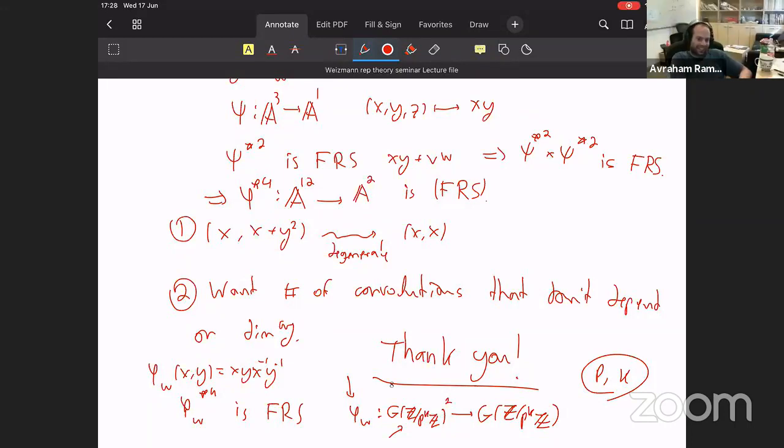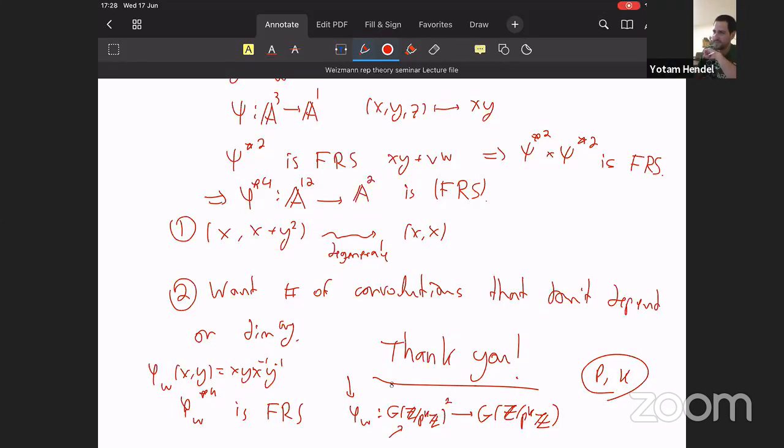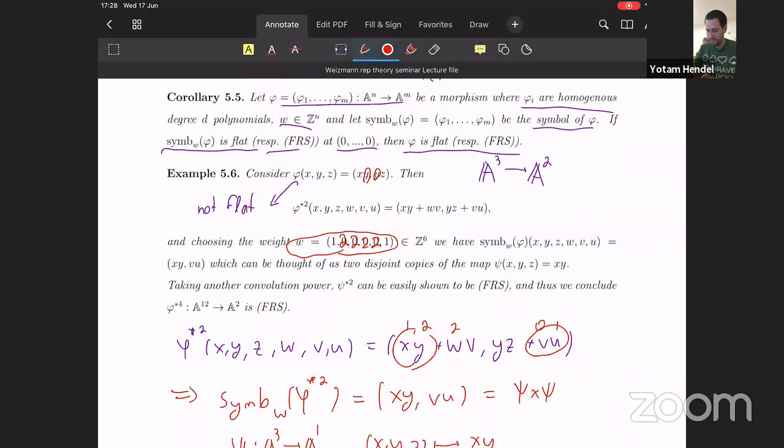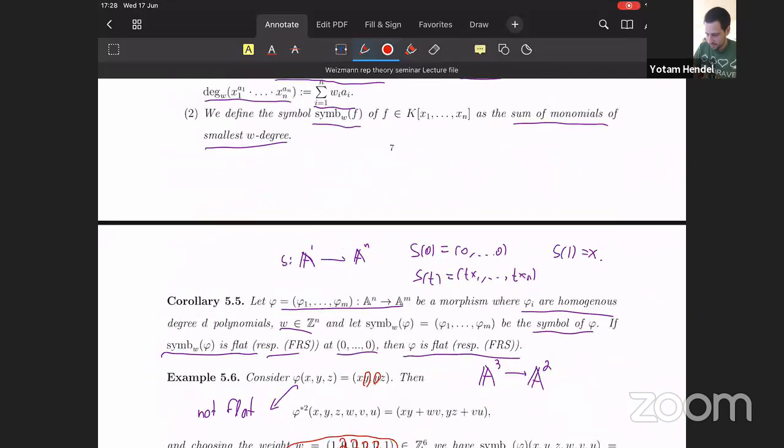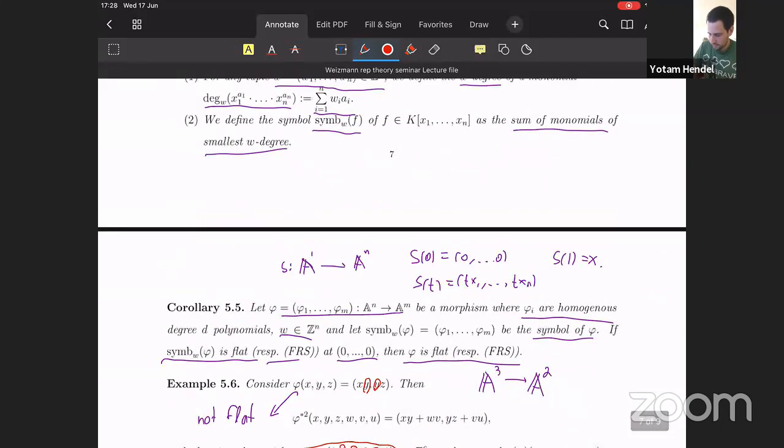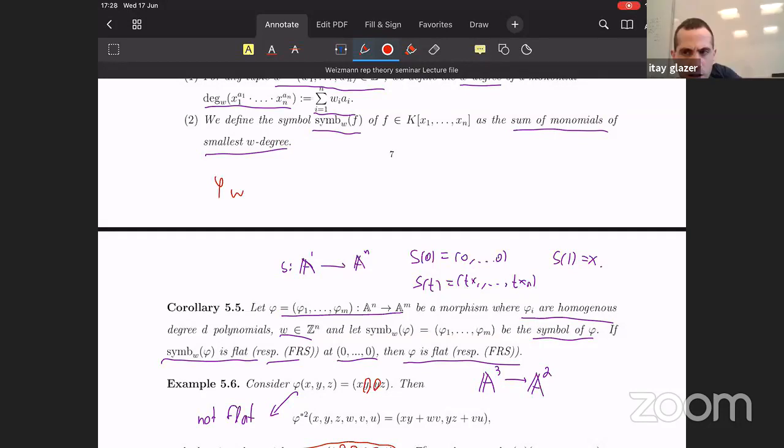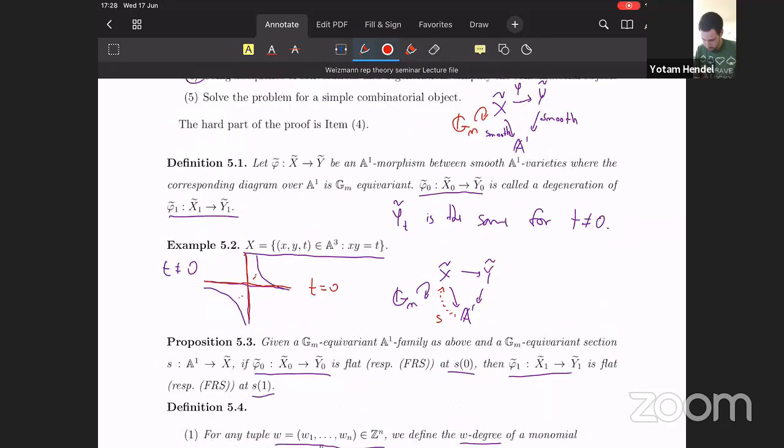Okay, so you can get similar results. If you think about a word in the free associative algebra, now I need to remember. Maybe go to the theorem on algebra, no? Yeah, this is a good idea.